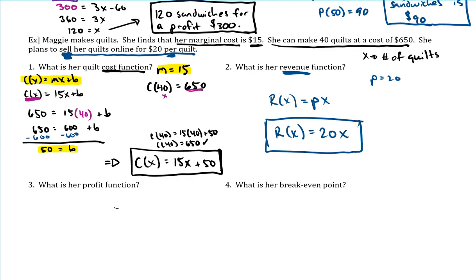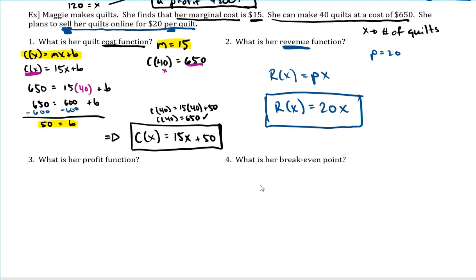Okay, and then it does want the profit function. So our profit function is P of X, and we can write it as the revenue minus the cost. With the revenue, again, I'm going to put in these brackets. Those are implied, but a lot of times in math they don't write some of the stuff that they really should, because we need to do that substitution. So let's put it in parentheses.